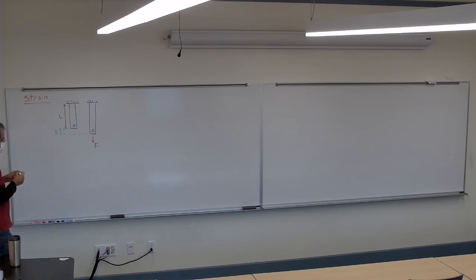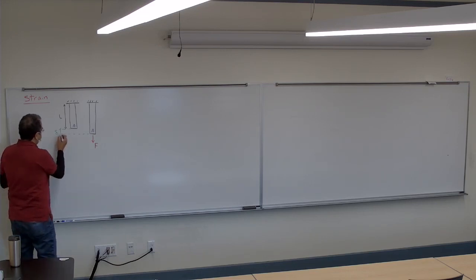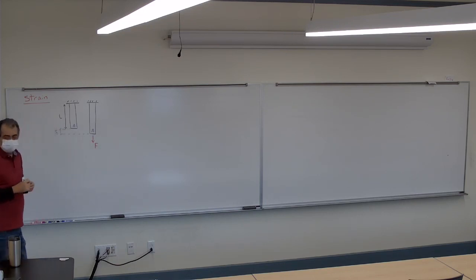Basically, this is the amount of deformation I have. So in this chapter, we want to look at how we are going to find this delta, or what is related to that delta.